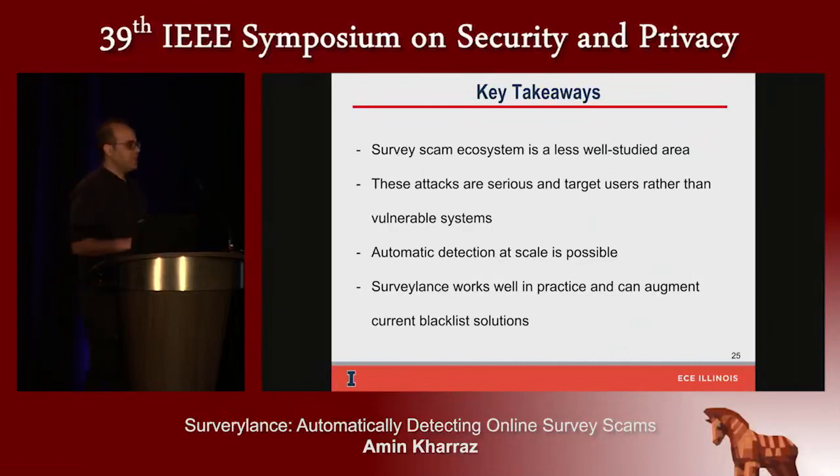But the good news is that automatic detection of survey scams at scale is possible. We show that it's possible. And some systematic techniques like surveillance can work well in practice and can augment, for example, the blacklist solutions or the current security mechanisms that browser vendors use to reduce the exposure of the user to these attacks.